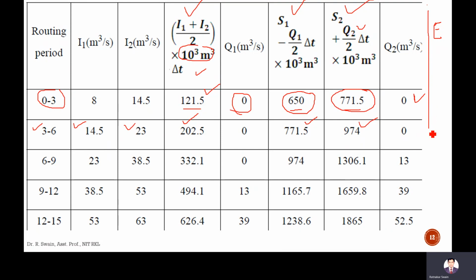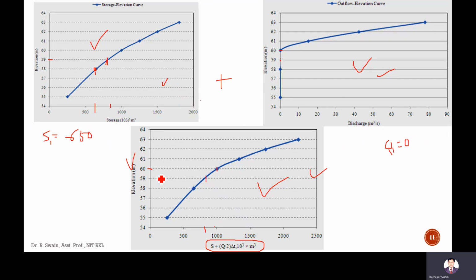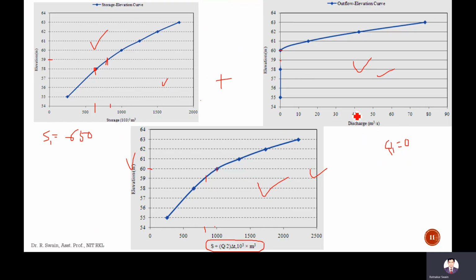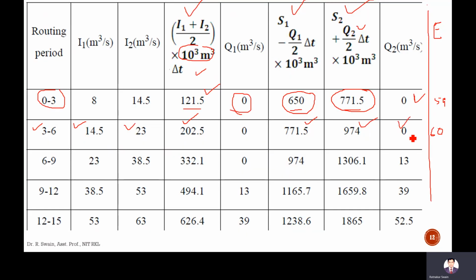So the elevation initially was something like 59, and here the elevation is 60. So at 60 elevation, Q2 we have to determine. At 60 elevation, the Q2 is 0, so it is 0, okay.